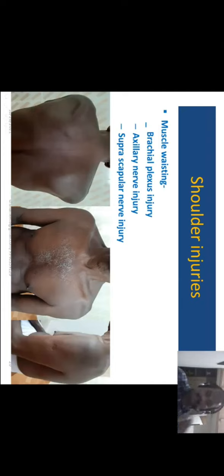If there is a suspected nerve root injury, like brachial plexus injury, axillary nerve injury or suprascapular nerve injury, and associated muscle wasting is there, you can send the patient for an EMG study. Okay, so you can write down EMG left shoulder, or EMG left scapula.